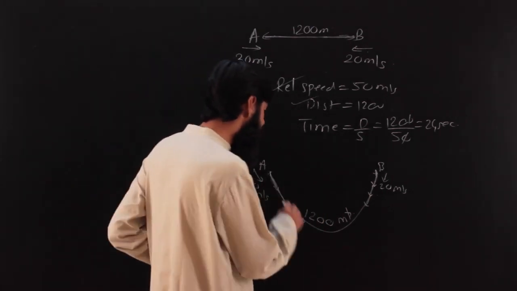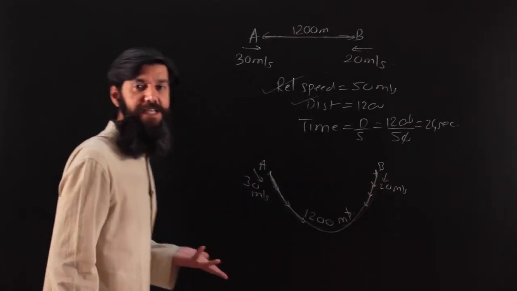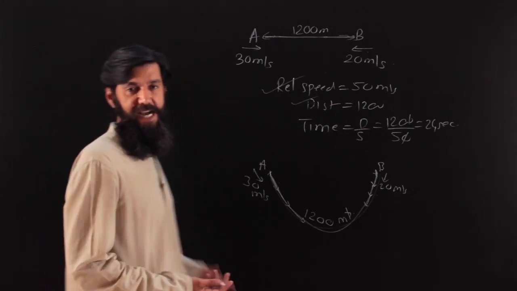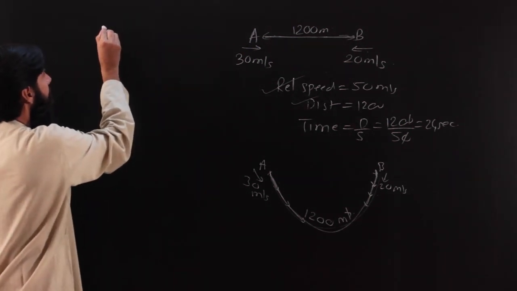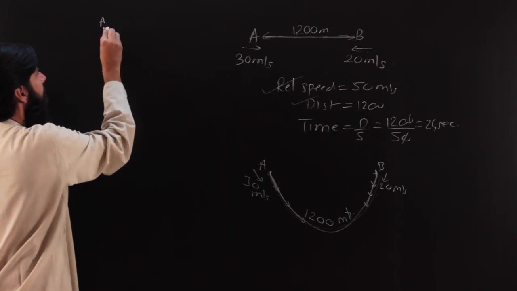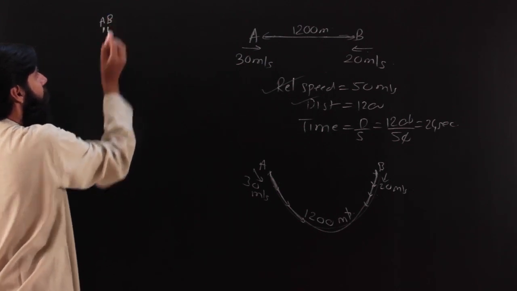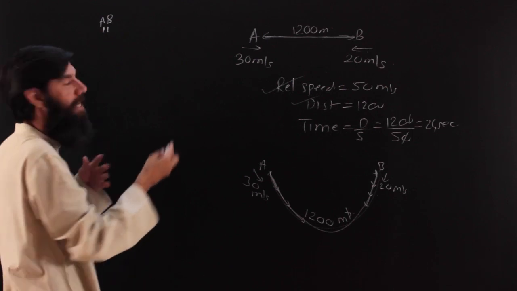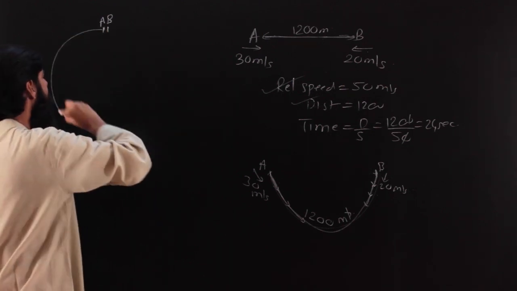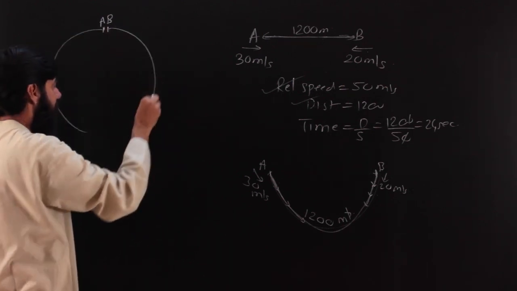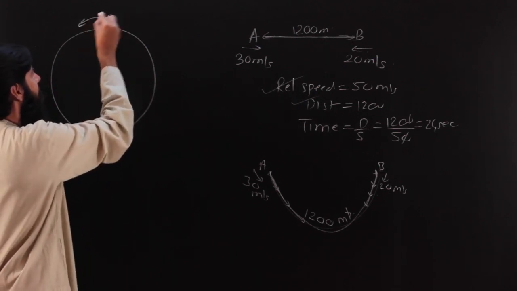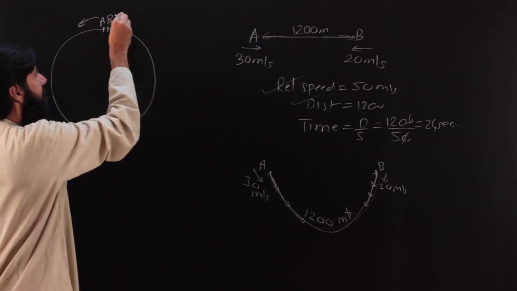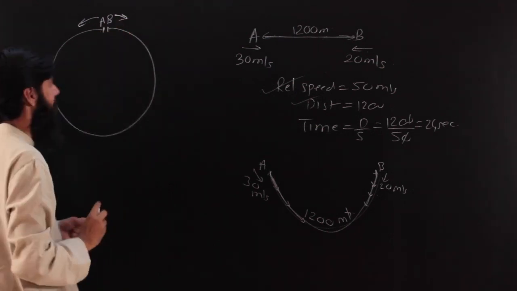And the extreme case of this curved road is the case of circular tracks. So imagine A and B to be right together. A and B are almost together. However, to meet, they have to travel along a circular track. A traveling in the anti-clockwise direction, B traveling in the clockwise direction.